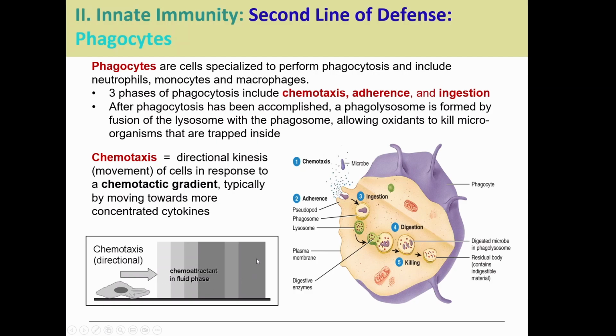So it's almost like the cytokine is a beacon, and chemotaxis is the movement of the cell towards that beacon, right? Towards that cytokine, wherever it's in the highest concentration. That's what we mean by chemotaxis. It's detecting a signal and then moving towards that signal.